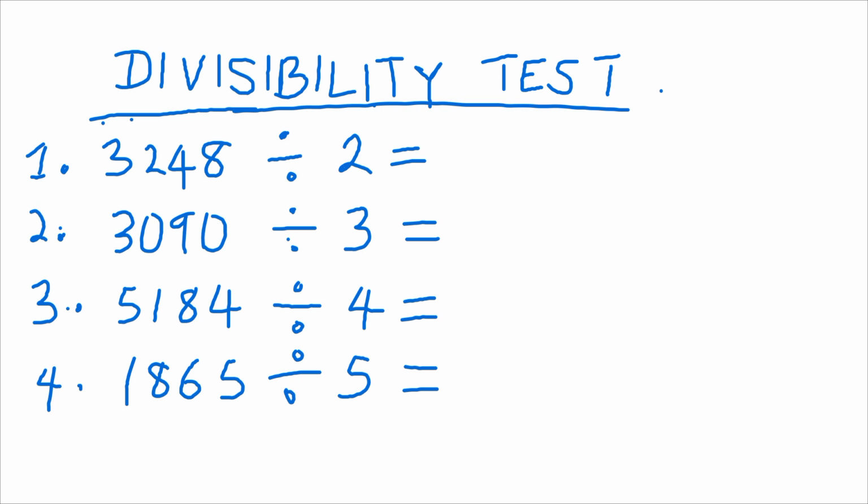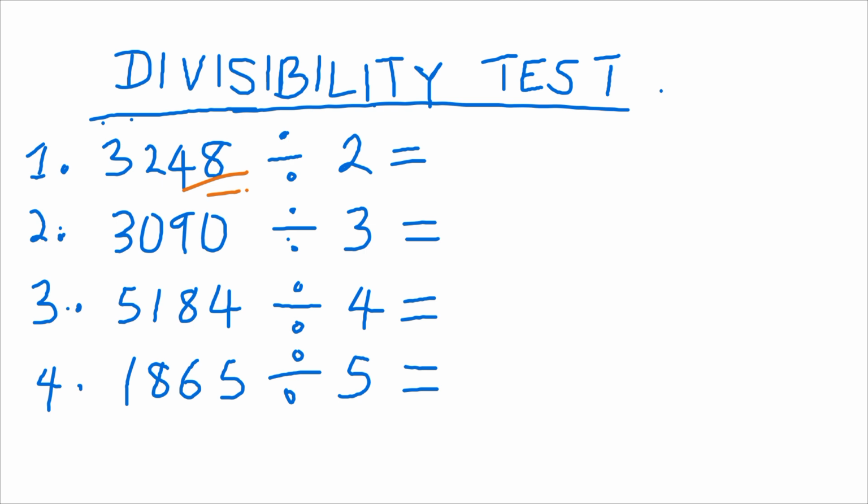For you to know if a number is divisible by 2, what you simply need to check is the last digit. If the last digit is an even number or it is 0, then that number is divisible by 2. So if you check the last digit here, it is 8. And 8 is an even number.